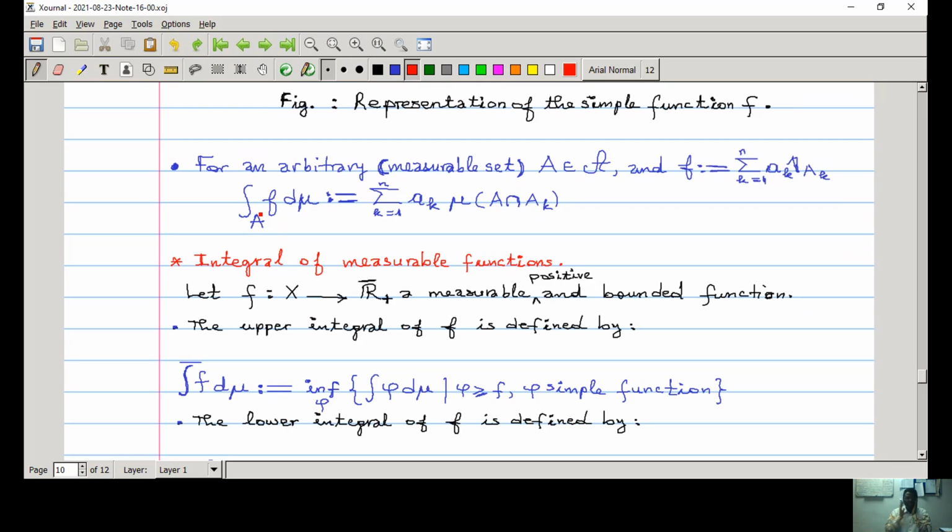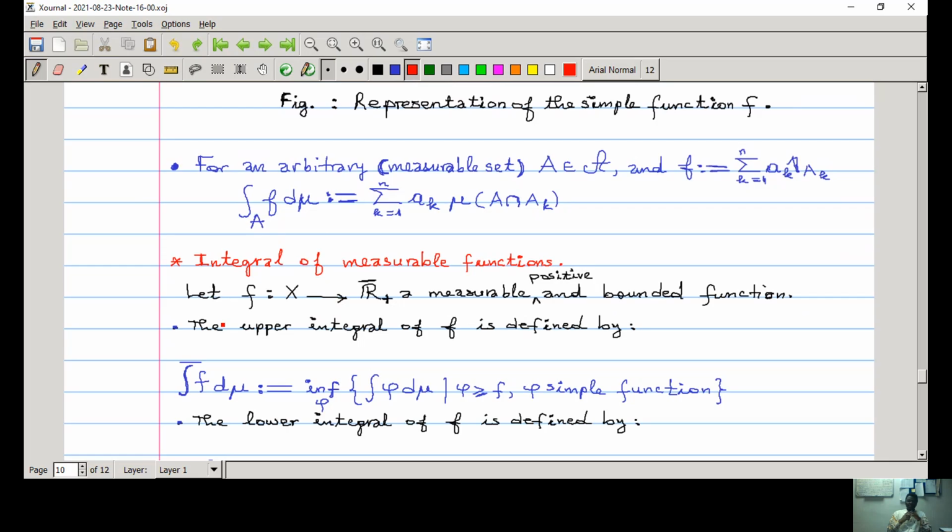Now, what if we have a measurable function which is not a simple function? There is a result that I did not state here, but the only thing we can do is first of all to define the upper and the lower integral of f. Those will be defined in terms of simple functions.